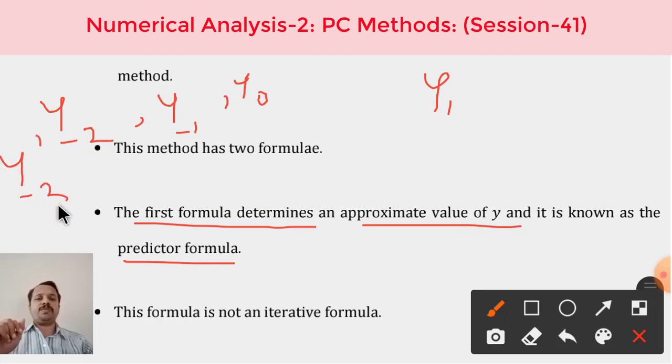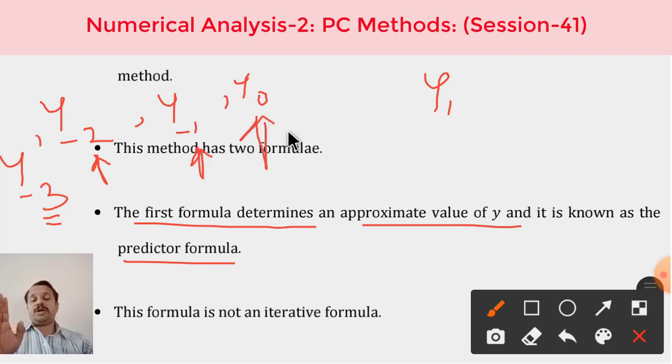This leftmost value will be given as the initial condition. This will be given as the initial condition. We must compute this using some of the known methods. We must compute this again by using some of the known methods, and this as well.